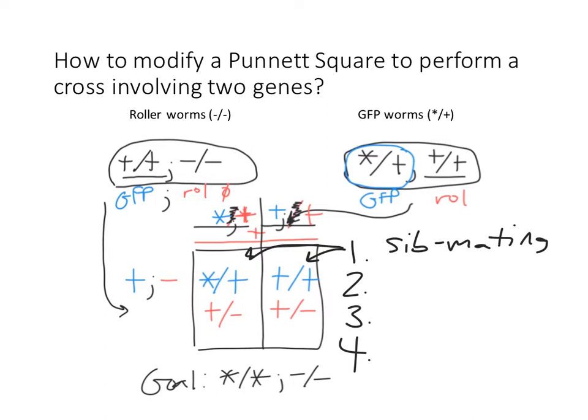Who's got the most asterisks and who's got the most minuses? Let's cross them together. What cross would that be?